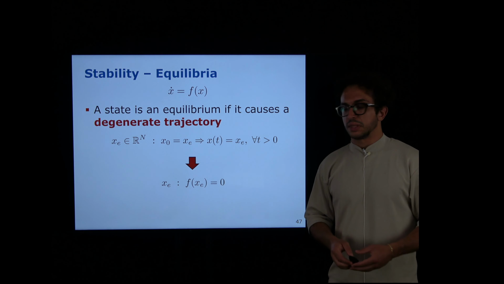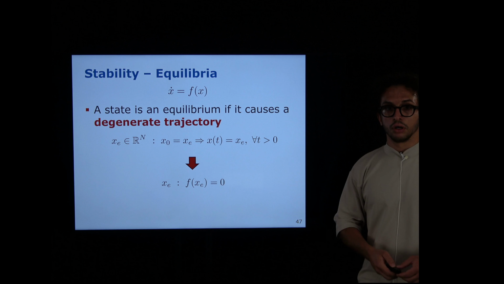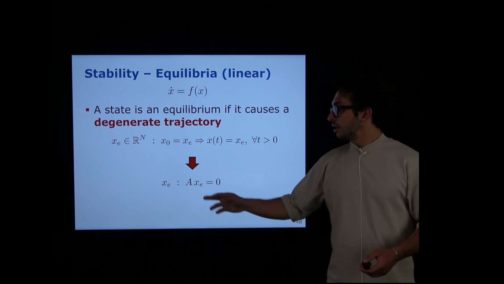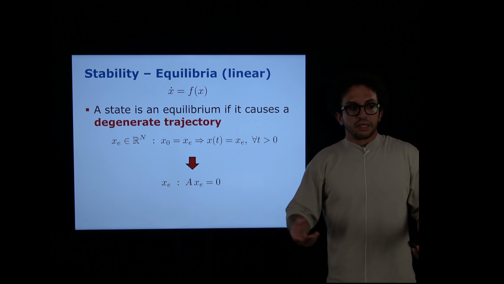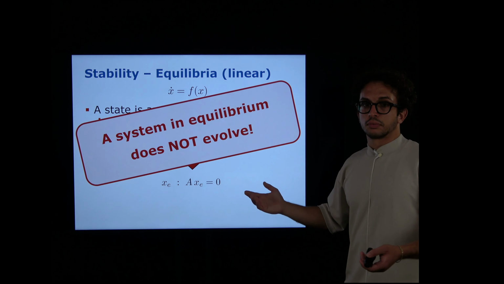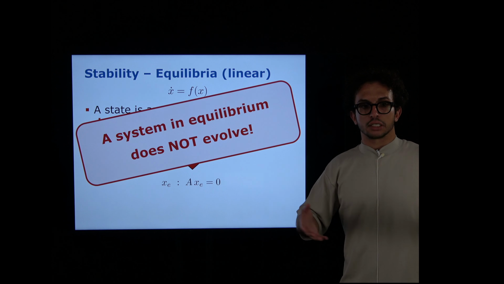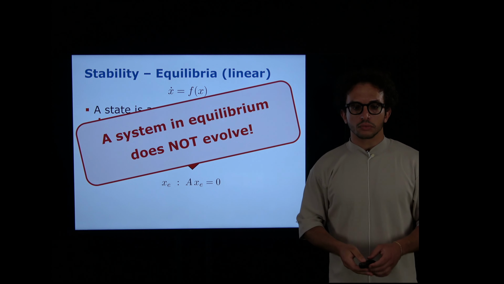So the f that we defined at the beginning is 0, as we're dealing with linear systems. So basically it's saying if a state is in equilibrium, it does not evolve. Nothing happens. Equilibrium means the evolution is just 0. There's no variation in the state quantities.